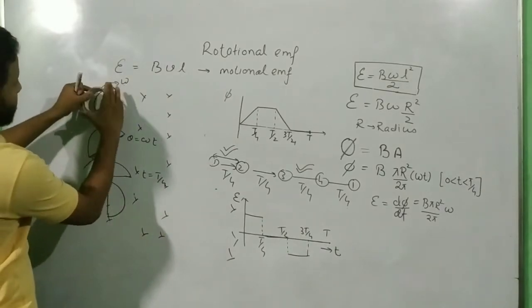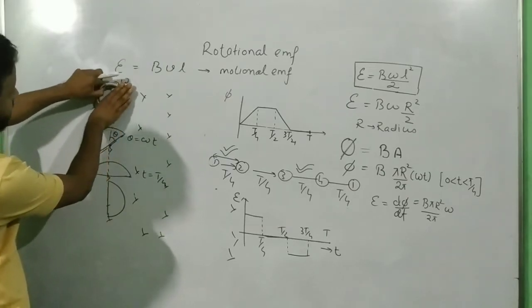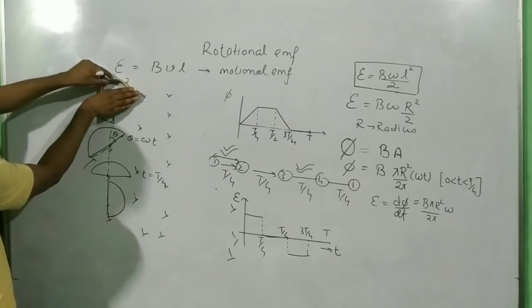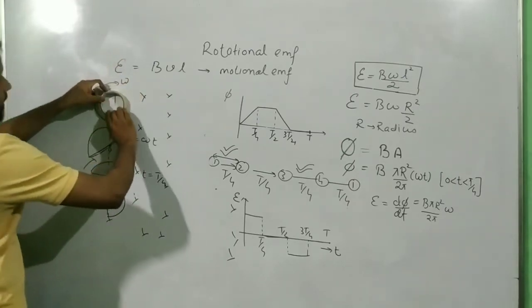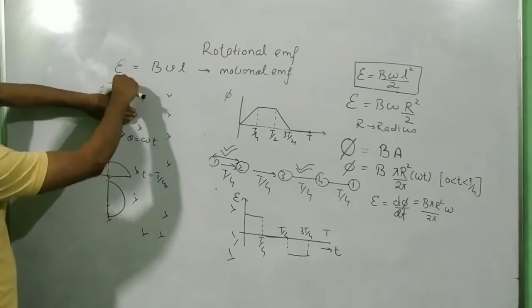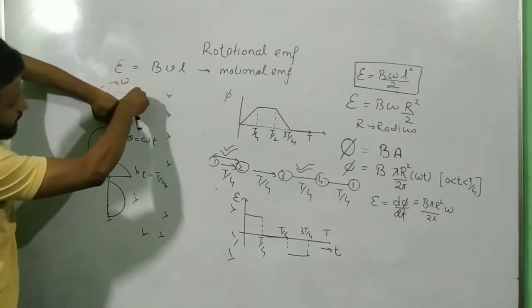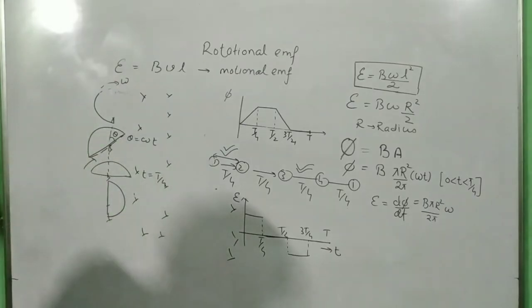Just consider this much part over here. As this starts entering, flux is changing. This is still changing. Now from here it will further rotate downward. Till here the flux will keep on changing till the time it enters completely.